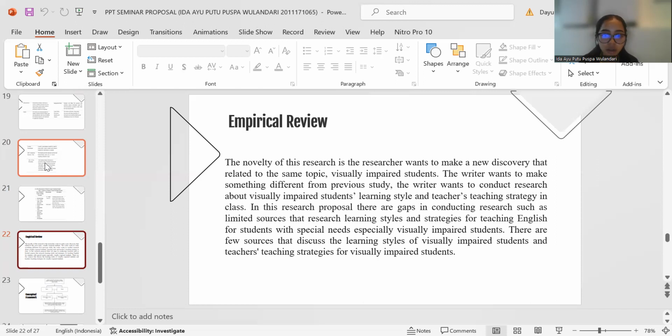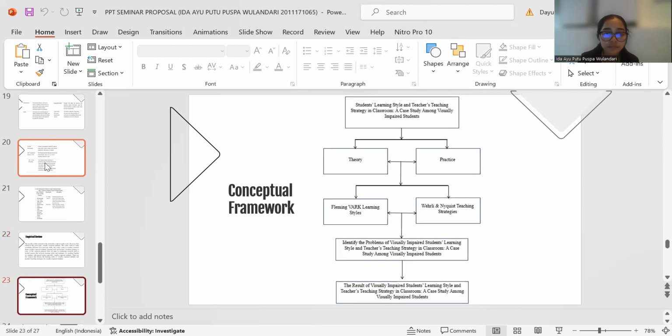There are also few studies that discuss the learning styles of visually impaired students and teachers' teaching strategies for them. They only discuss learning style and teaching strategies for normal students, but not for visually impaired or special needs students. Yeah, I know this is very limited.